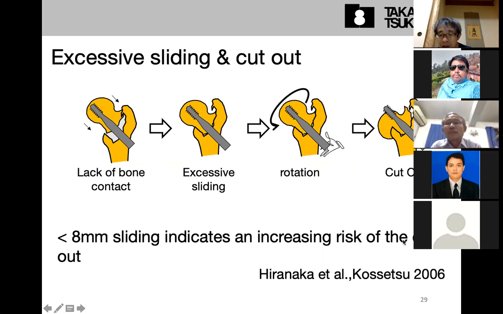So I reported this in the Japanese Fracture Society 2008. It was more than 10 years ago. From 20 years ago to 10 years ago, I was focused on hip fracture.